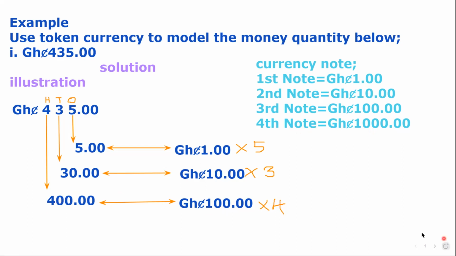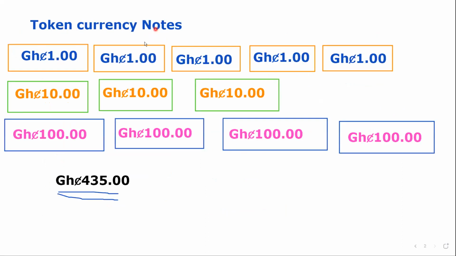And you say 4. So when you come to the currency notes here, with the token currency you draw the currency as a pattern to represent the amount given, which was the 435 Ghana cedis. So how many 1 Ghana cedi are you going to draw?